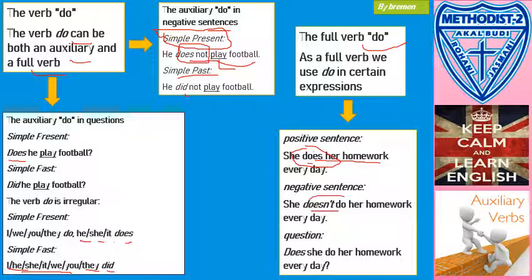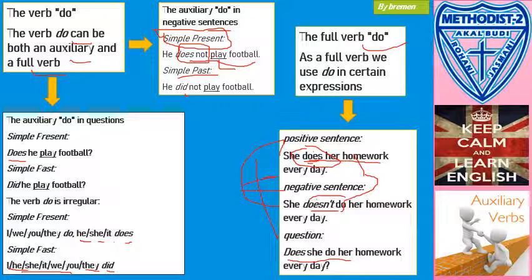Because "doesn't" helps "do" change into the infinitive. So "doesn't" and "does" here are not the same. Why? Because "does" here is an action verb, and "doesn't" here is just a helping or auxiliary verb. Same also with "Does she do her homework every day?" in interrogative form.